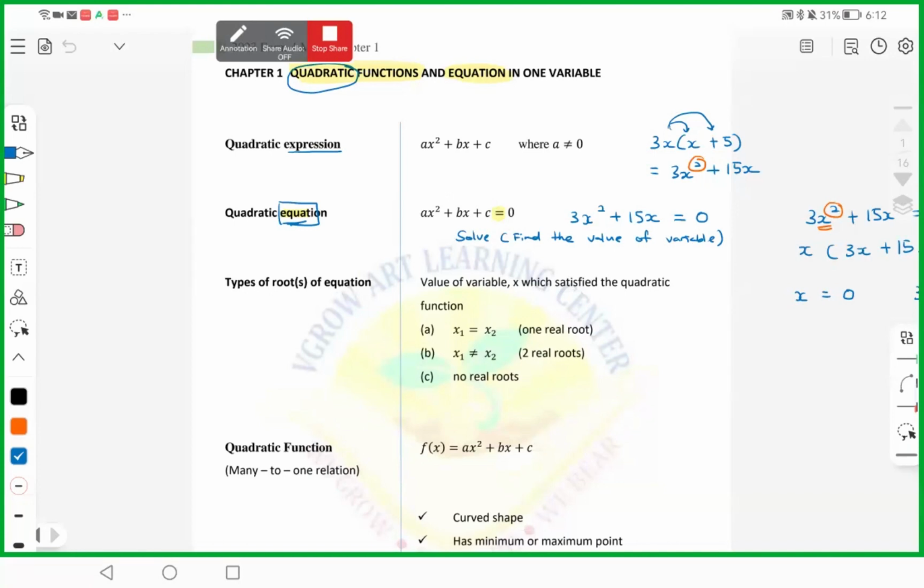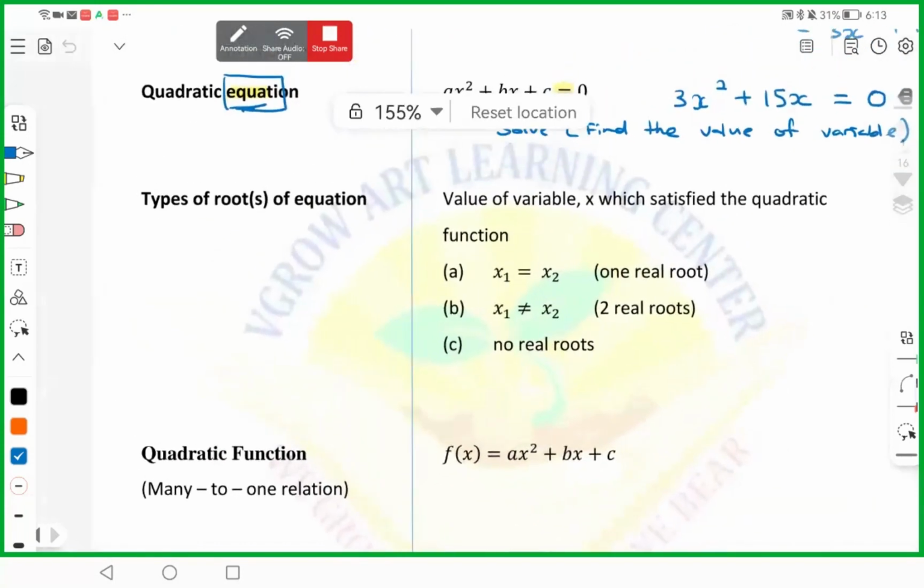Okay, so for chapter 1, part 1, we have settled how to find the roots of the quadratic equation, or punca, or the value of x. Based on the eight questions just now, we managed to find two real roots because we got x1 and x2.